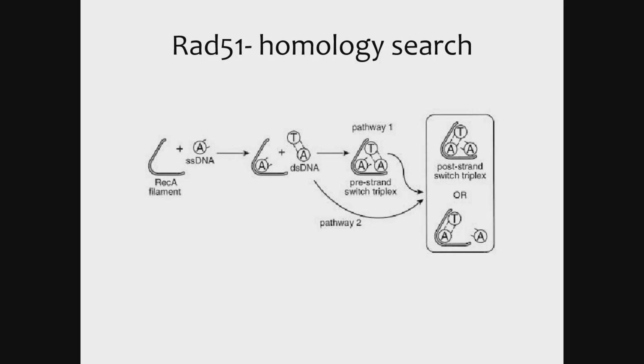If these ones don't fit, then we don't have a nice homology, so we keep searching. We keep searching until we have enough molecules of this RAD51 to make it flat, nice, all of these are bound, so we are ready to go. So in this way, we search for the other strand to find a perfect fit and copy from it. I think it's a very elegant molecular solution to find homology one base pair at a time.